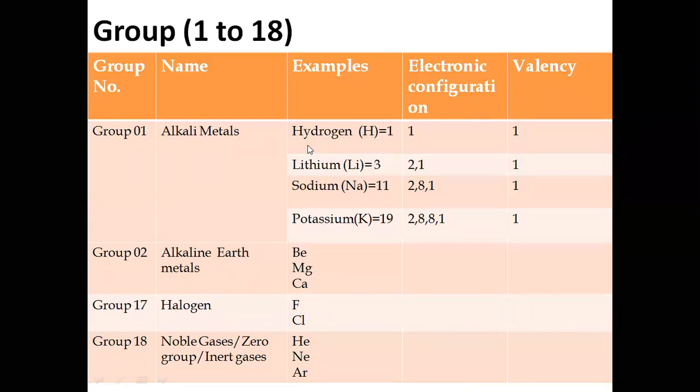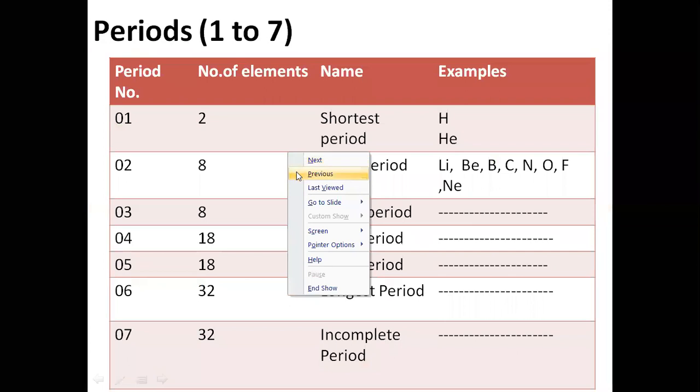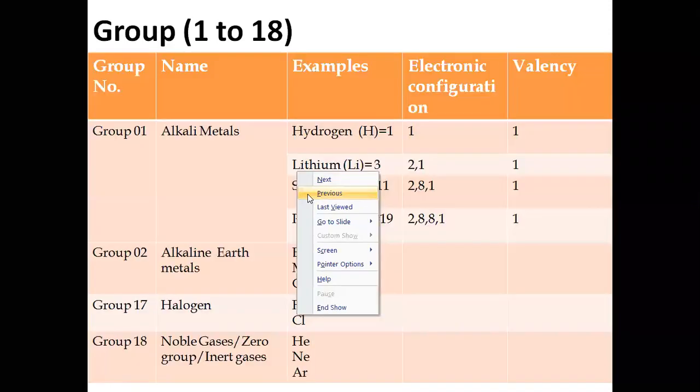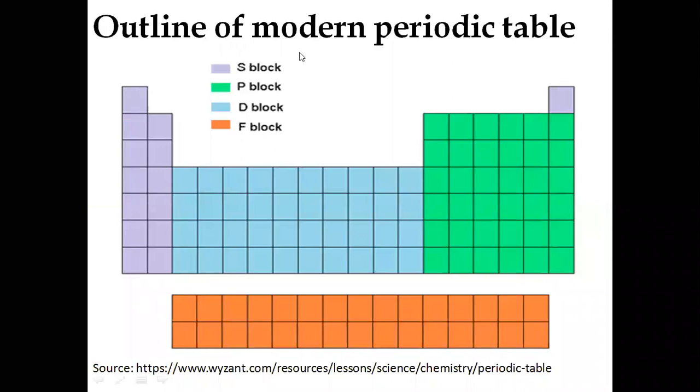Now, before starting with periods, you have to look at this outline again. As you can see, this is period number 1. You can see here 1 and 2, so only 2 elements are there. This is period number 2: 1, 2, 3, 4, 5, 6, 7, 8. We can say here 8 elements. Again, these are the 8 elements in the third period, and these are the 18 elements.